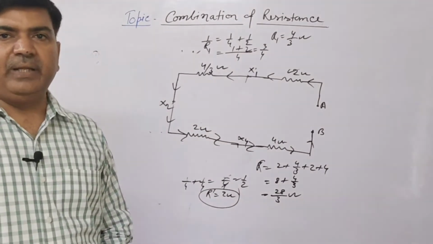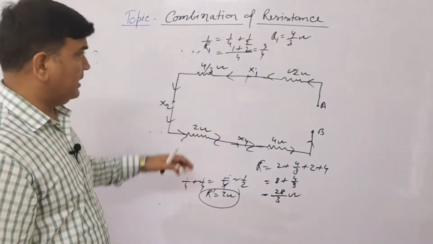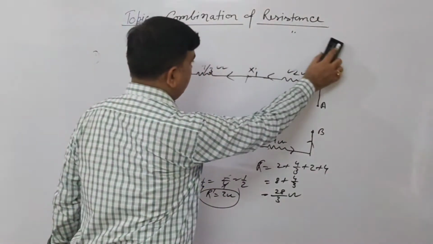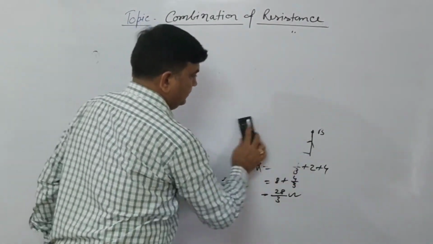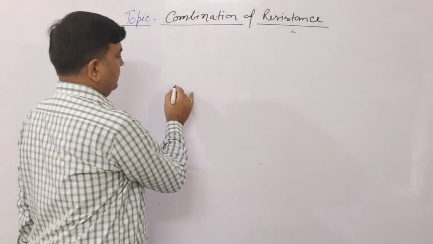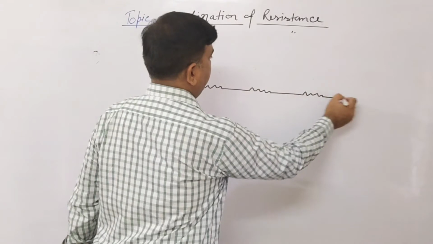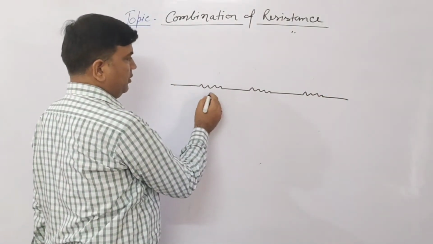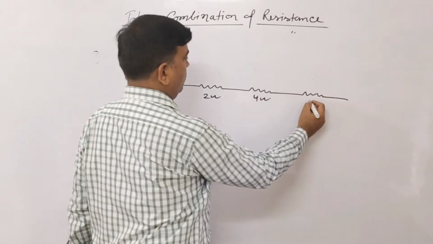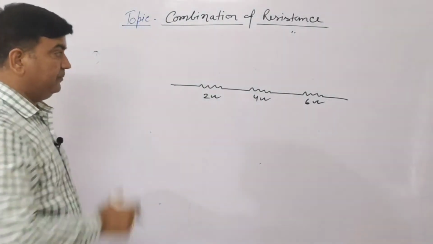In this way, we have to solve the different types of questions which are related to resistance combination. And now see another question. Children, there are three resistances given to you here: 2 ohm, 4 ohm, 6 ohm.